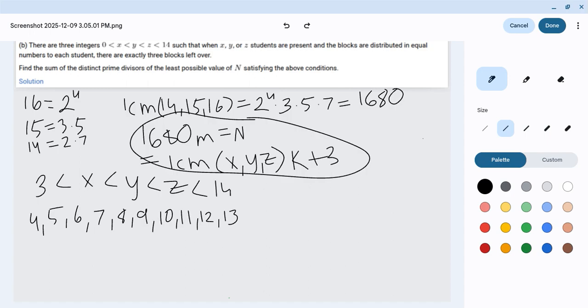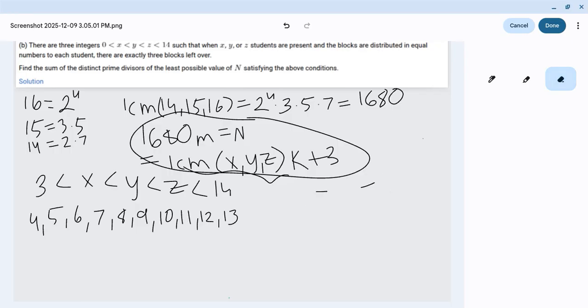So that means we can cancel all multiples of 2. Same reasoning for 5 and 7, because if the LCM is a multiple of 7, then adding 3 to it makes it not a multiple of 7 anymore. But it's different for 3, because if this is a multiple of 3 and you add 3 to that, it's still going to be a multiple of 3.